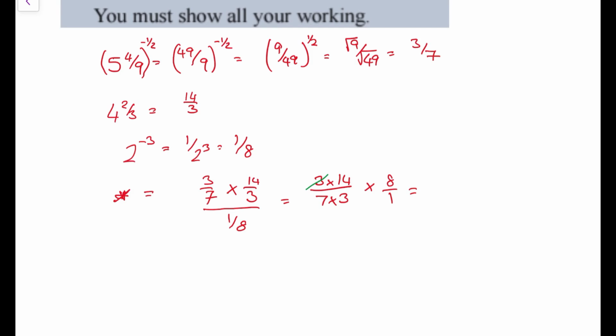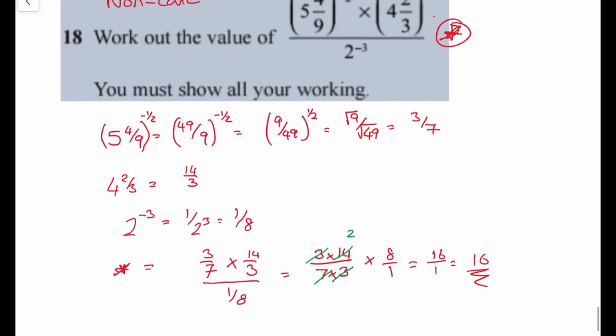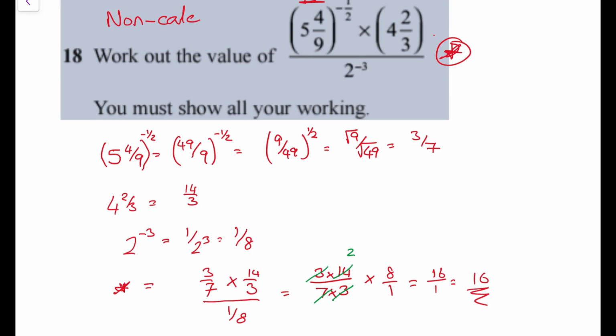Now I'm going to do it in a different colour, and then I'm going to do this in a different colour, so you can see I've cancelled these down. So all that cancels down to 2, and I've shown my cancelling. I've made it clear to the examiner what I'm doing. So 2 times 8 is 16, 1 times 1 is 1, and so the final answer is going to be 16. So that there looks horrific, but all that comes down to a nice answer of 16.